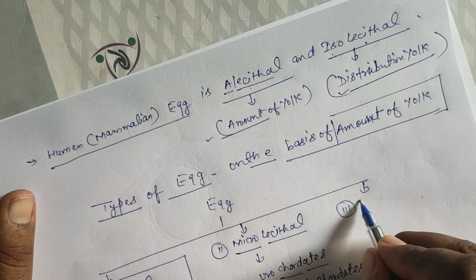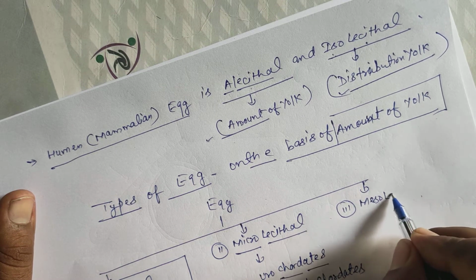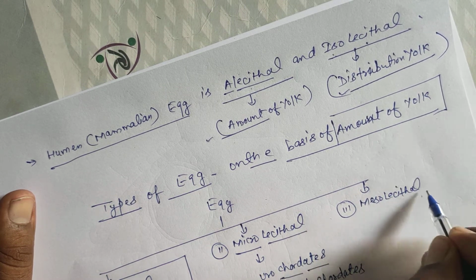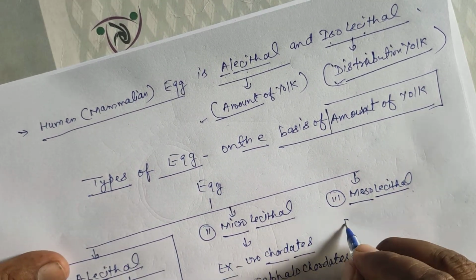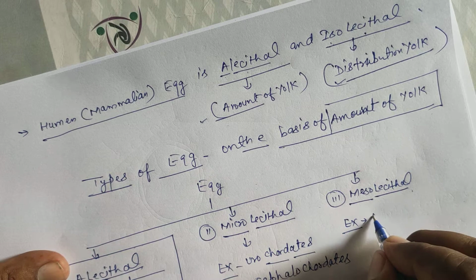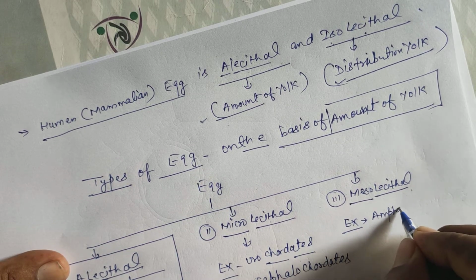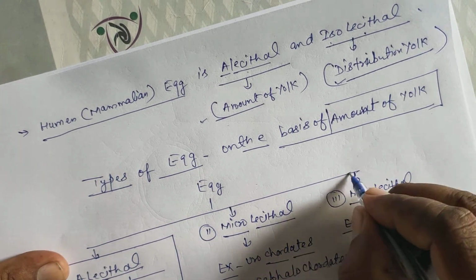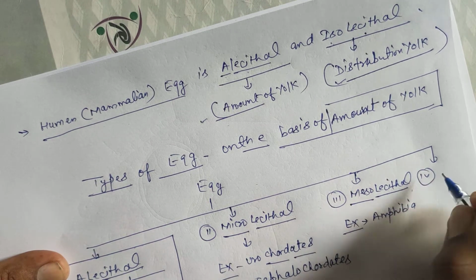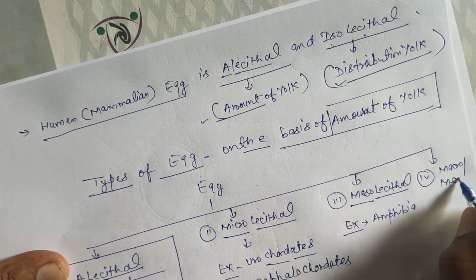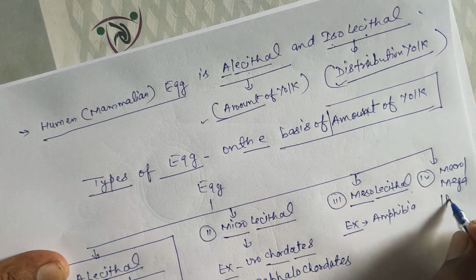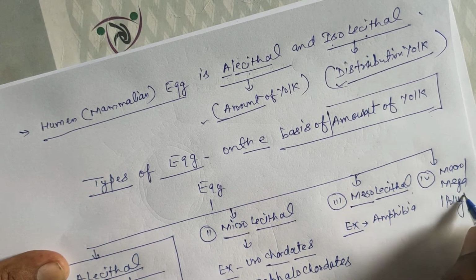Third is mesolecithal. It means yolk in middle amount. For example, class Amphibia. Last is macro, mega or polylecithal.